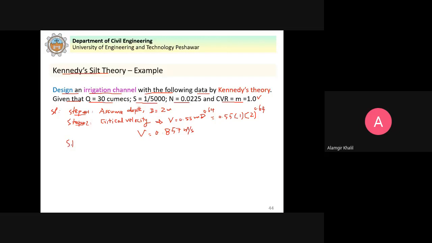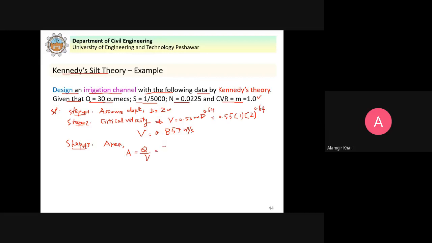Next we go to step number 3. Now we have this velocity here, and the discharge is given. We can calculate the area A. So area A is equal to the discharge, which is given, divided by the critical velocity that we calculated in step number 2.